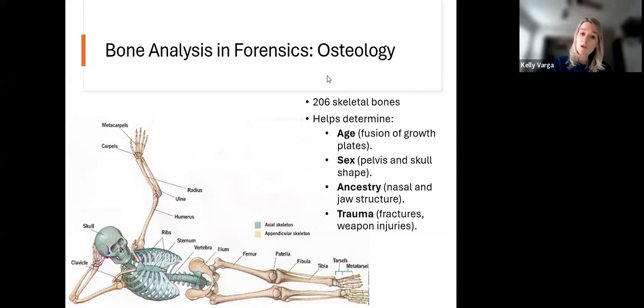But the human body as a full adult has 206 skeletal bones. And all of these bones can give us a feedback insight into age, the overall sex of an individual, potential ancestry, and even if there is trauma. And again, we will come back to that when we talk about weapons and wounds in the next chapter.